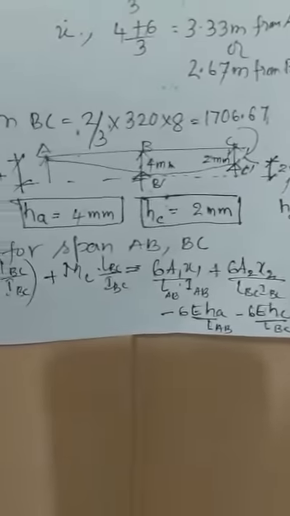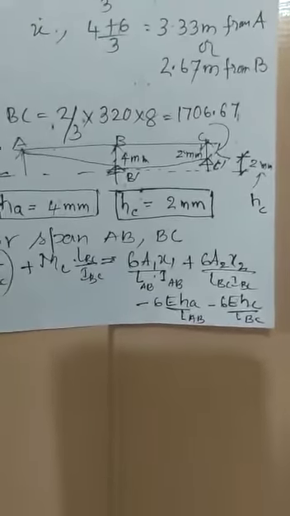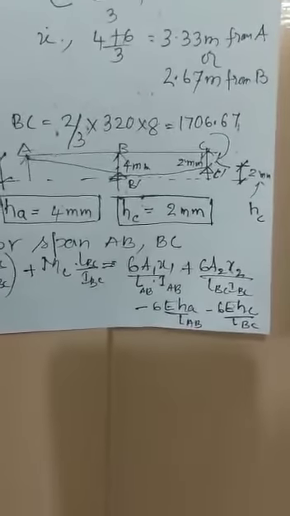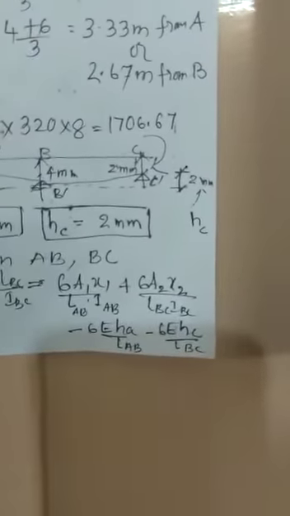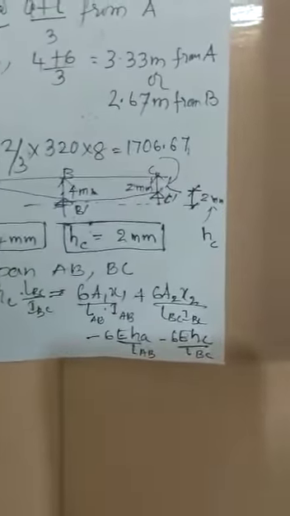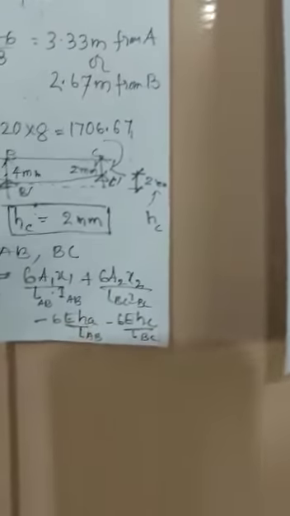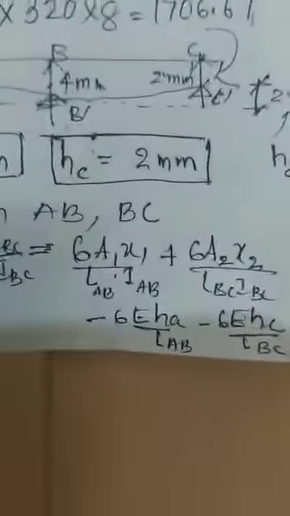It is hogging, but substituted as 20 because that negative sign has been taken while deriving the formula. So don't put minus 20, so 20 plus 20. So substitute for A1x1, LAB, IAB, LBC, IBC, etc. So what is it that you substitute for HA and HC?